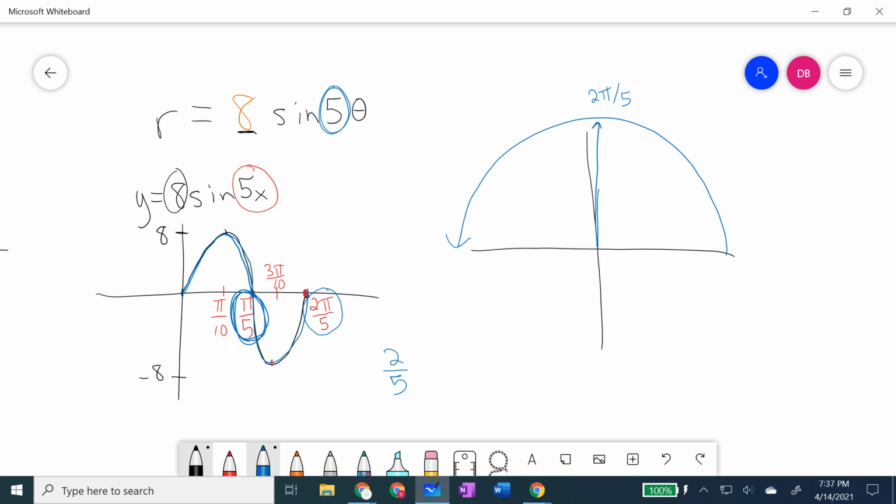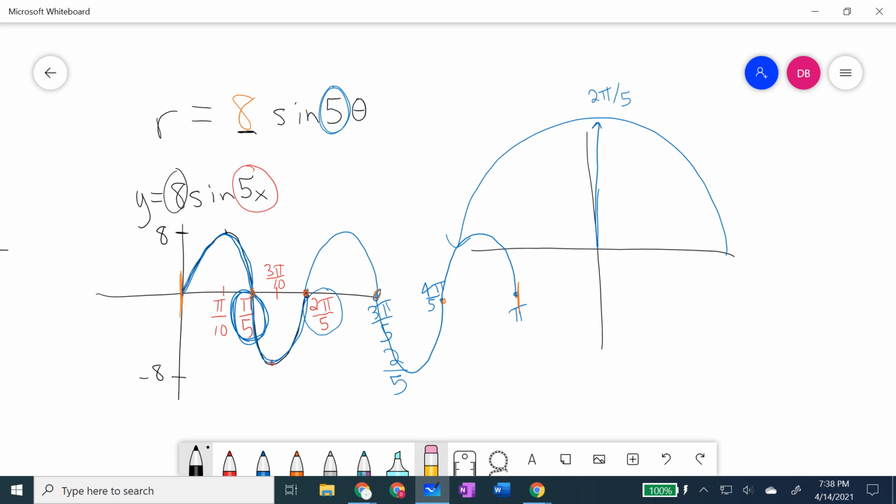So I've got my 0 to 1 pi over 5, my 1 pi over 5 to 2 pi over 5, my 2 pi over 5 to 3 pi over 5, 3 pi over 5 to 4 pi over 5, and then my 4 pi over 5 to 5 pi over 5, which takes me to pi. So what you can see is the split between 0 and pi is 5 equal sections.